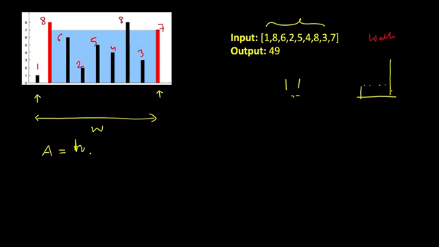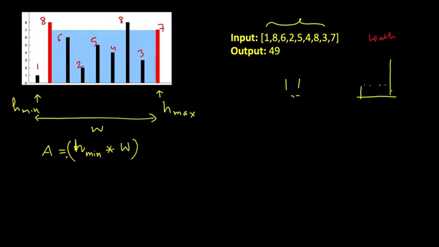I can denote the min height by h min, and the max height by h max. This is the initial area. So you have taken the maximum possible width. You cannot make it wider.